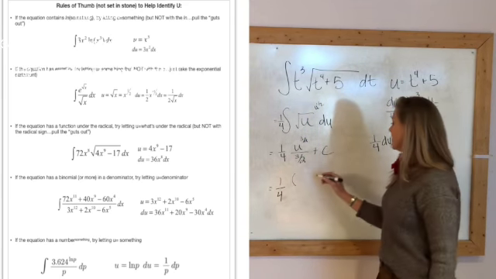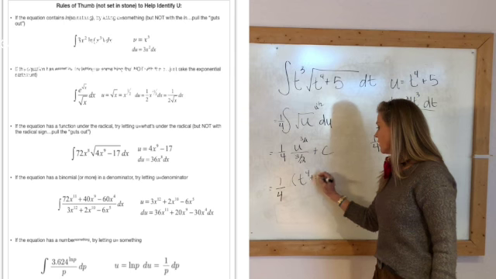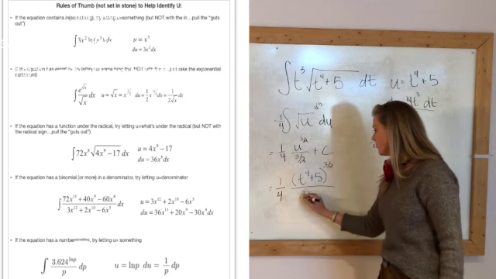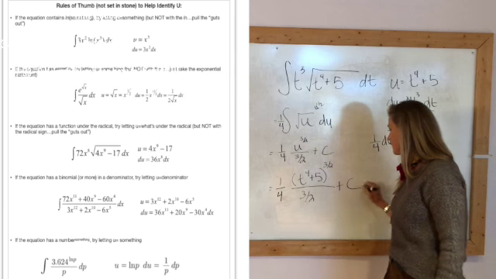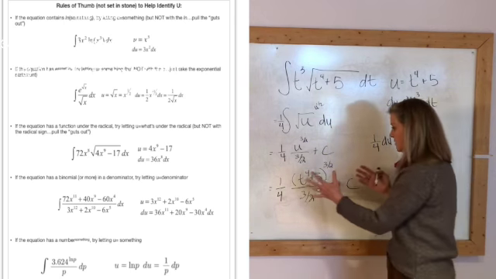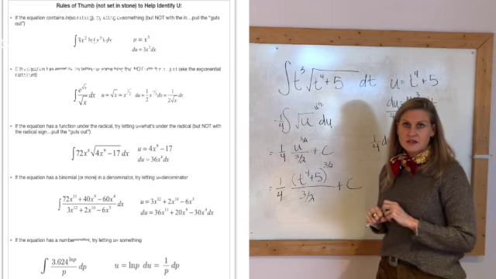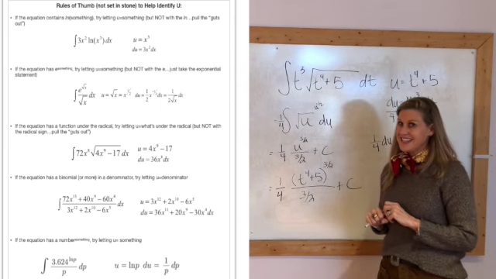U is really t to the 4th plus 5, to the 3/2 over 3/2 plus c. That would be my final answer for the antiderivative of this. Happy mathing, it takes practice.